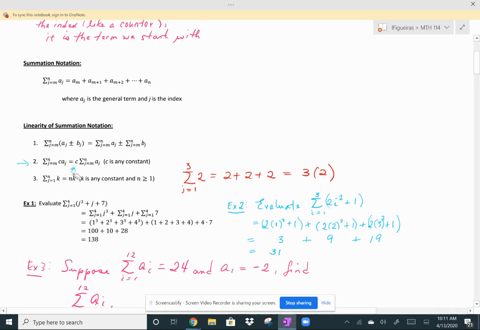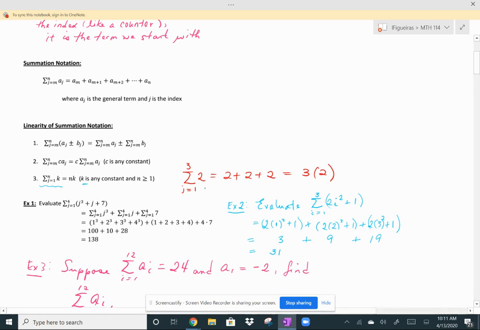And the third one says that if you take the sum of a constant, and this time I called it k, then that's the same as just multiplying n times k. That's because with summation notation, you would be adding k n times, and repeated addition is multiplication.